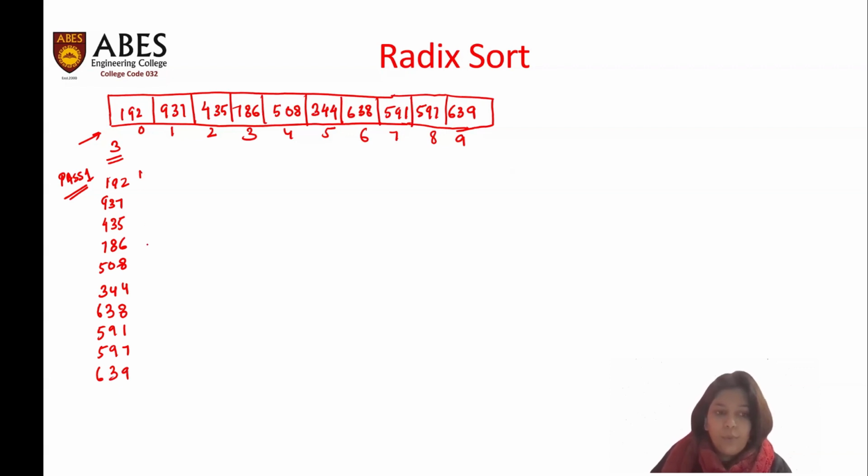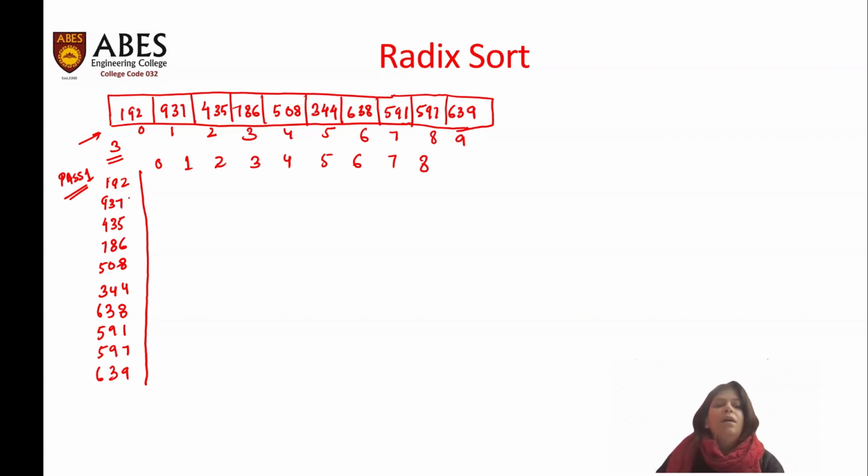So in order to do so, we can create a table in which I can write all the digits which are possible from 0 to 9. And now we will keep on sorting the numbers based upon the ones digit.